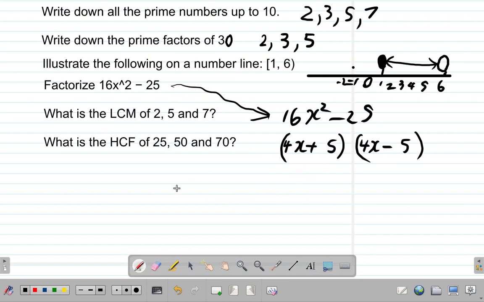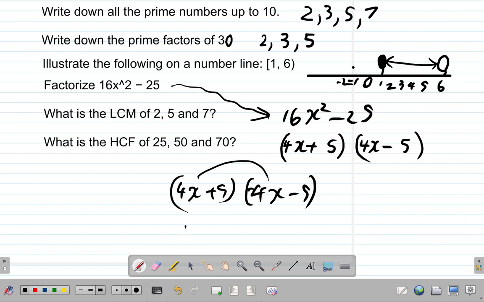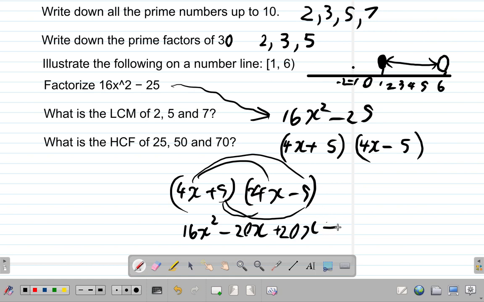You could test it a bit. Suppose you have 4x plus 5 and 4x minus 5. 4x times 4x gives you 16x squared. 4x times negative 5 gives you negative 20x. 5 times 4x gives you positive 20x, and 5 times negative 5 gives you negative 25.